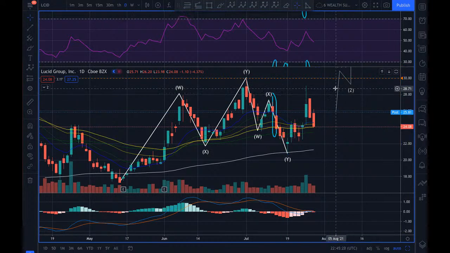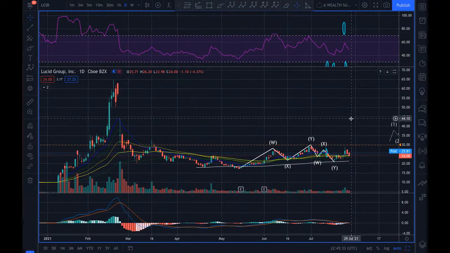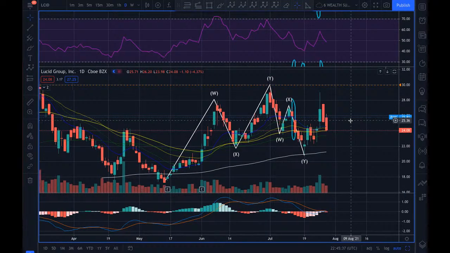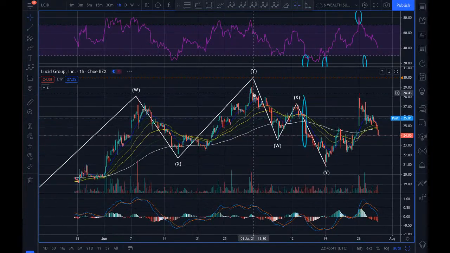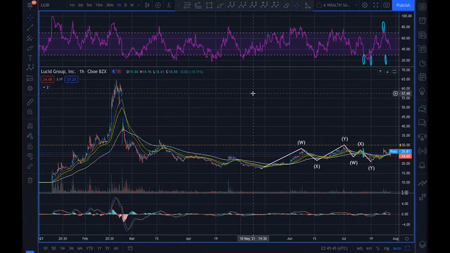People dumped it. Let's look on the 1 hour. This chart is a little too young to be able to tell. Doesn't really have a good foundation.